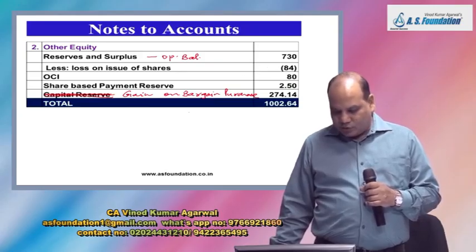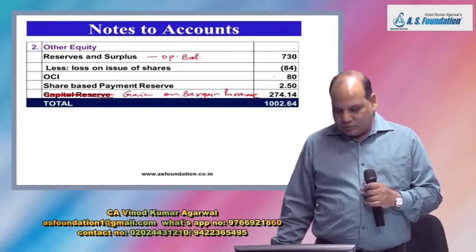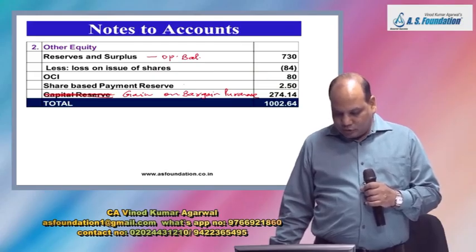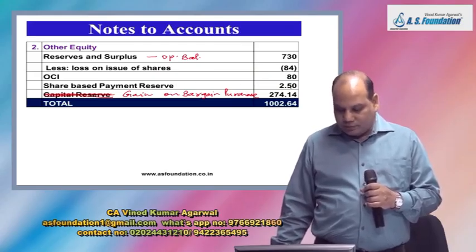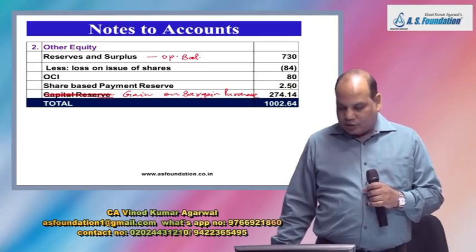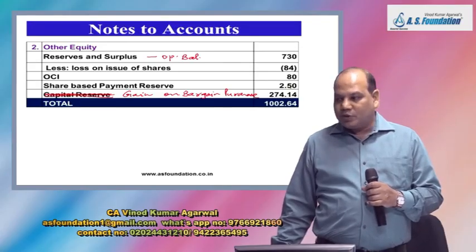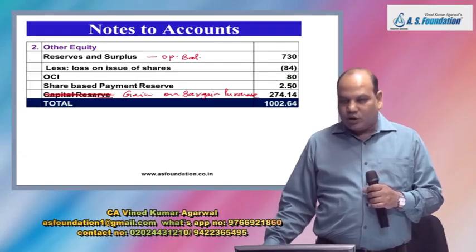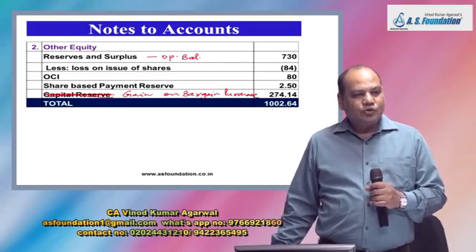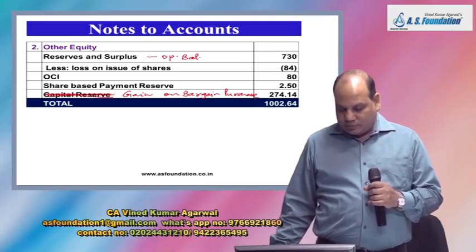You can prepare in ACCA format, no problem. Then separate columns you have to draw. And then you write down OCI 80. Share based payment reserve 2.50. Share based payment reserve will also come in other equity.